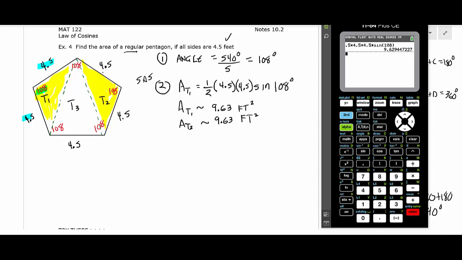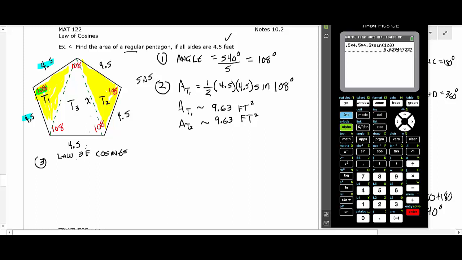So that leaves us with figuring out how to do this then. Well, the third thing I'm going to do is find this side right here. I'm just going to call this side x. Now, we could use law of cosines to do this.